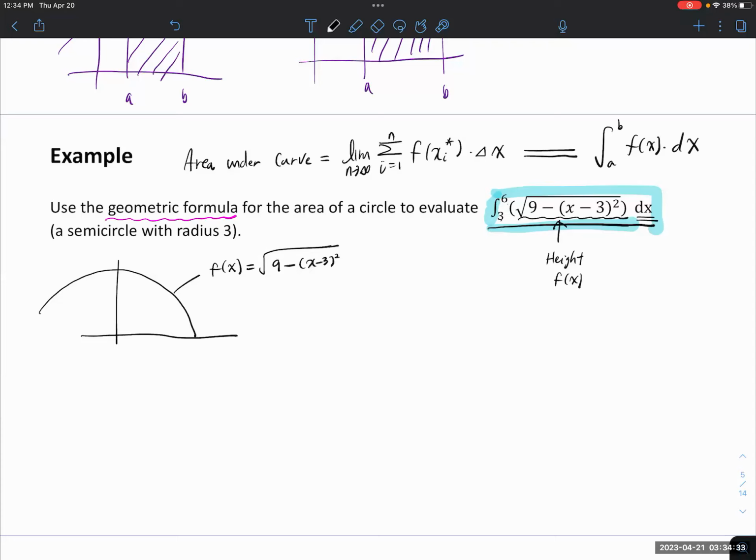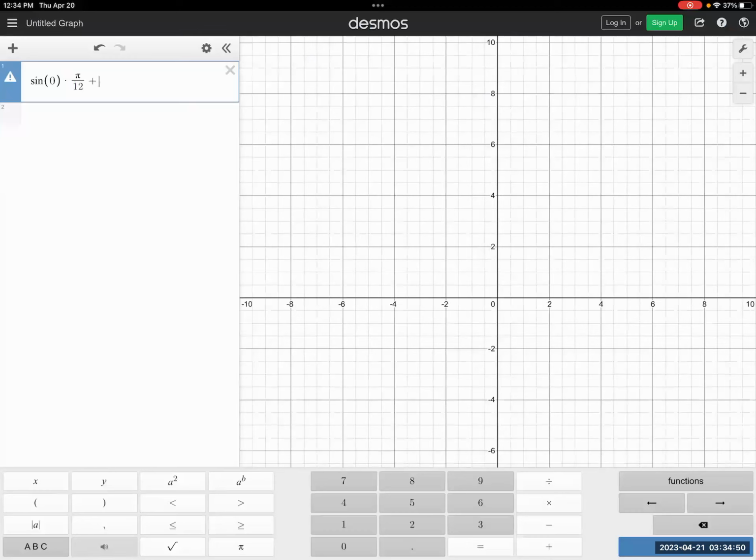So here, let's check the graph of the function, which is y equals the square root of 9 minus (x minus 3) to the second power. So let me go to decimal. So we have a given function.